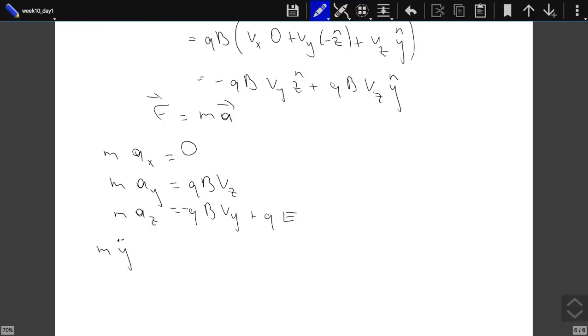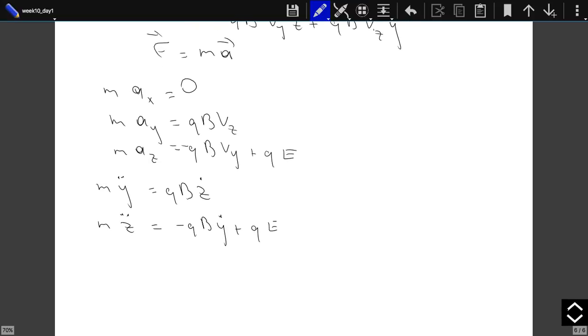Mass times y double dot, where each dot is a time derivative, should be equal to Q times B times z dot, and m times z double dot should be equal to minus Q times B times y dot plus Q times E. So we have two coupled second order differential equations.